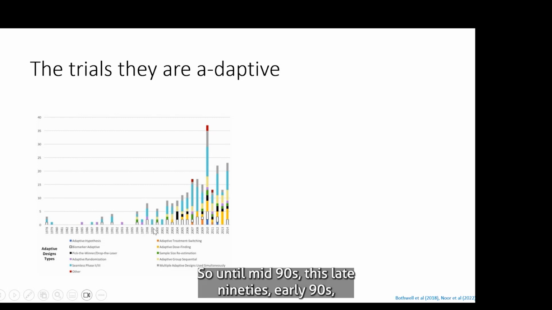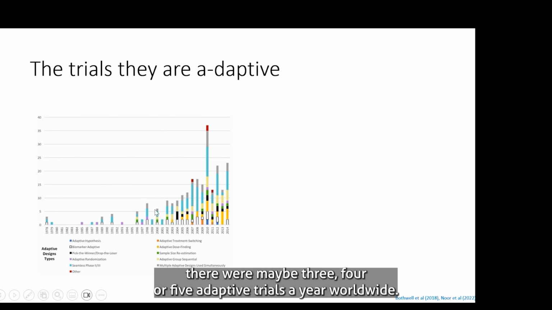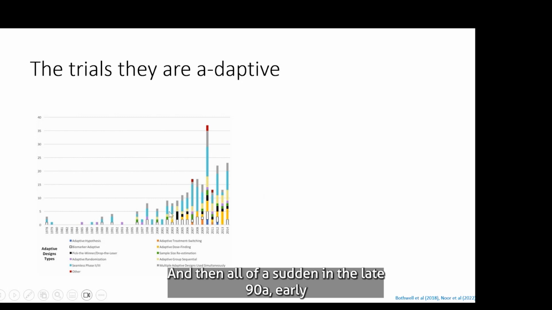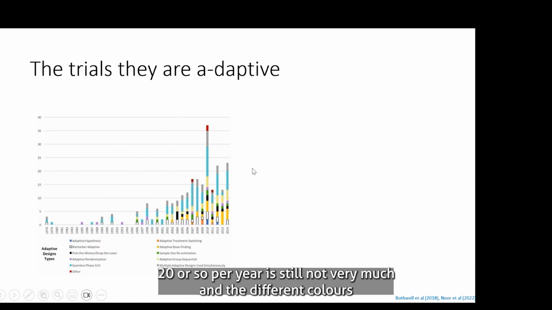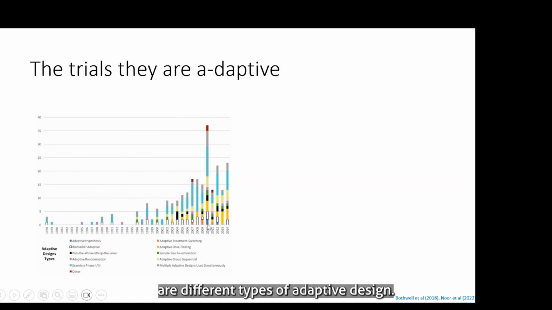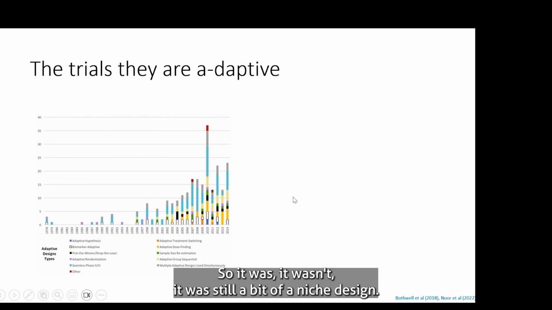So until the mid-90s, late 90s, early noughties, there were maybe 3, 4, 5 adaptive trials a year worldwide. And then in the late noughties, early 2010s, we started seeing more and more, 20 or so per year. It's still not very much, and the different colors are different types of adaptive design. So it was still a bit of a niche design.